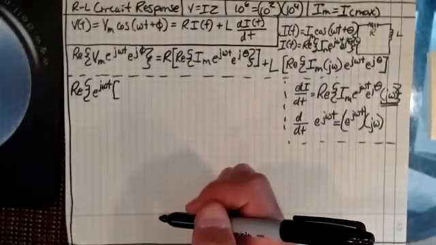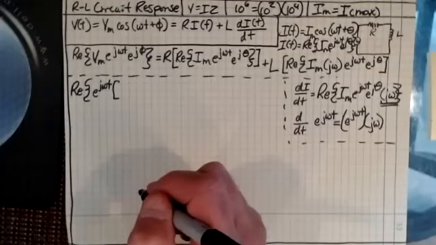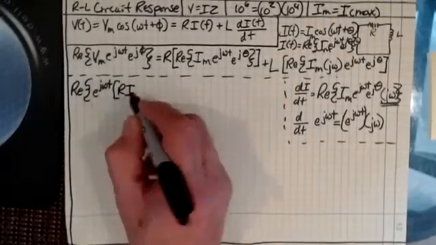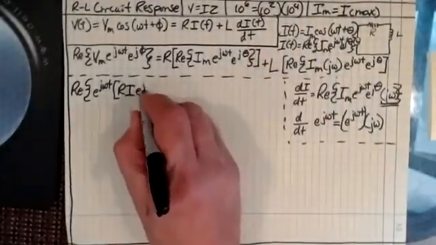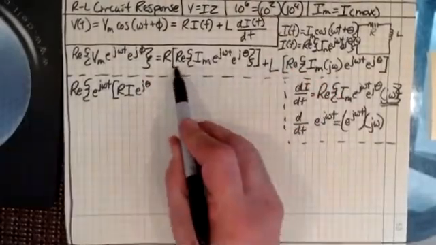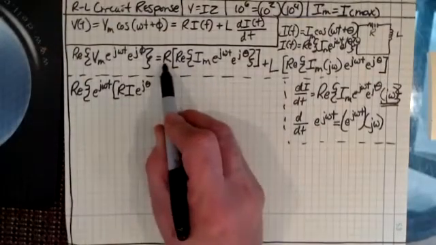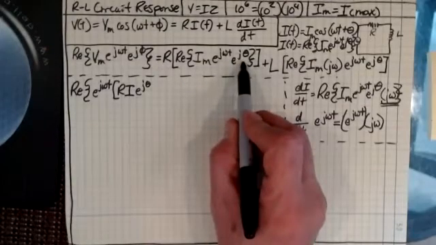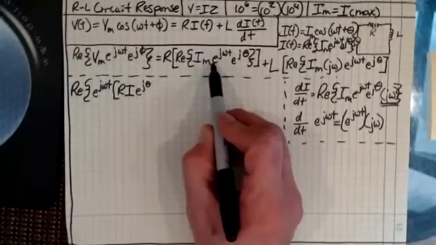If we pull that out of there, what that leaves me with is R times I times e to the j theta, right? That's that. Do I have anything else in there? No, I don't. R times I times e to the j theta. Now you're probably saying, can you bring the R back inside the real?